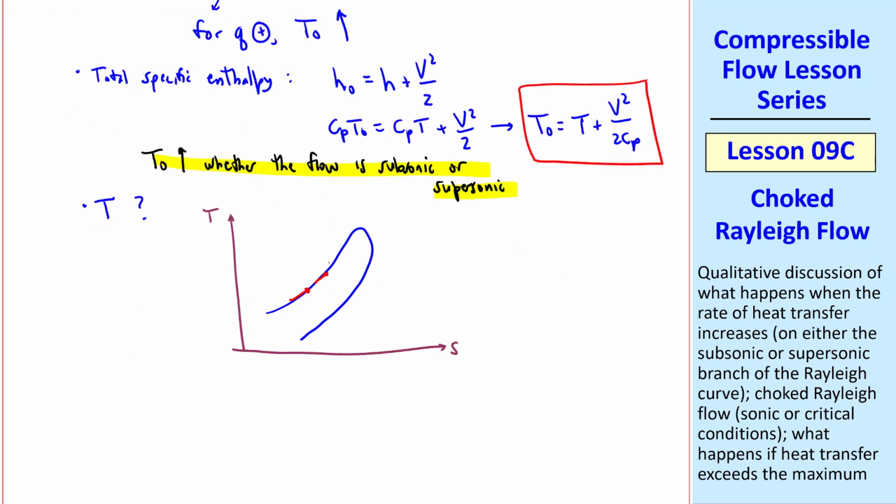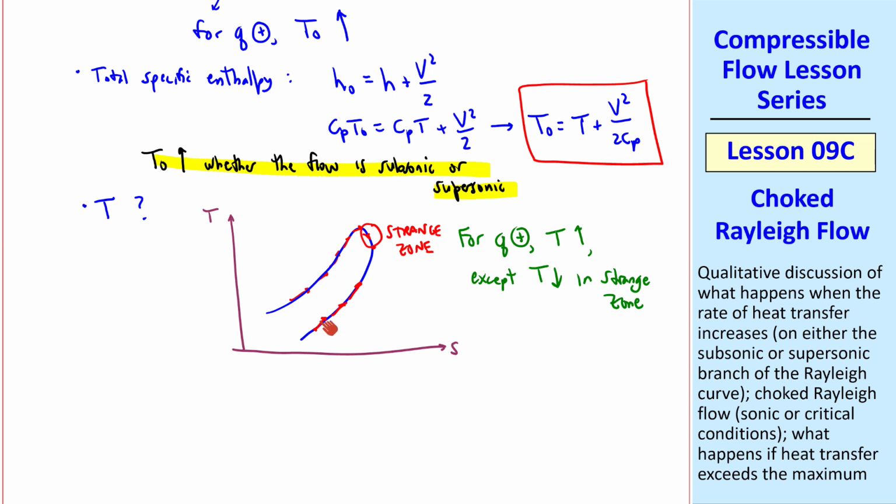With heat addition, in other words Q being positive, temperature increases on both the subsonic and the supersonic branches, except for this strange zone or strange region where the temperature actually goes down. So T can go up or down as we keep adding heat on the subsonic branch.